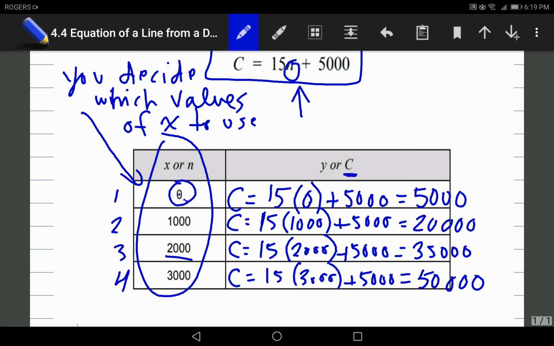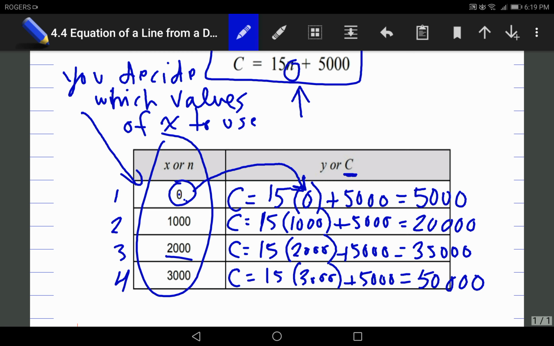What matters is that whatever you decided here, it's the number that you plug into your equation to find the cost. So find the cost for 0 t-shirts, find the cost for 1,000 t-shirts, 2,000, 3,000. Okay? And if I needed to, I can graph this because I now have 4 points.